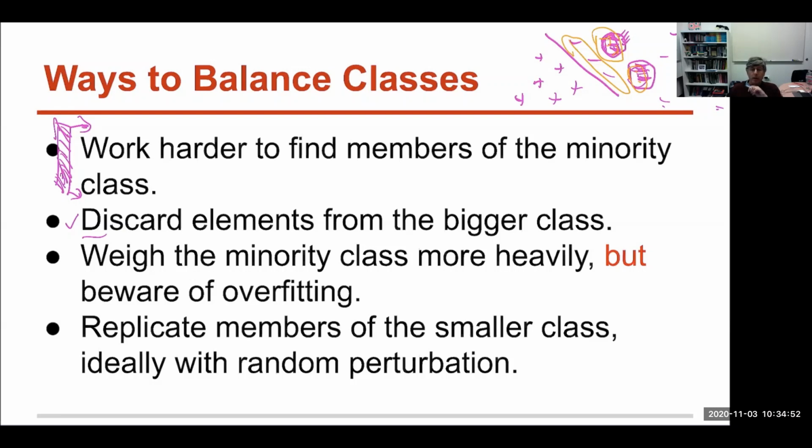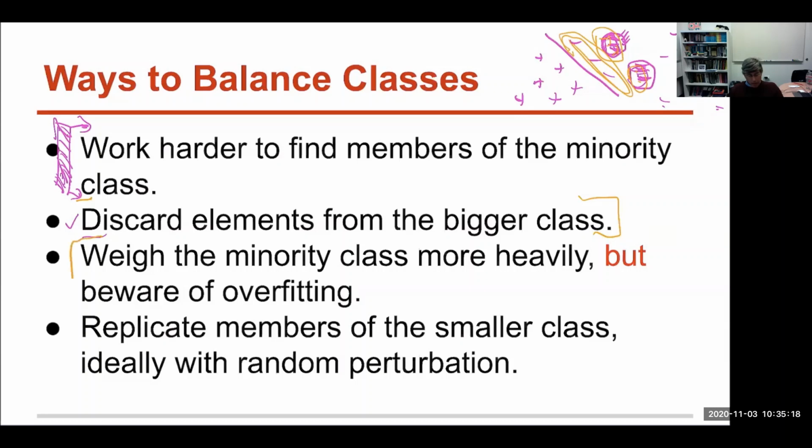So there are different tactics for this. But one idea is, we may very well want to delete elements from the biggest class in a couple of different ways. Ideally, it's important to keep the ones that are near the decision boundary, because those are the ones that really should be shaping it. Any questions about that?